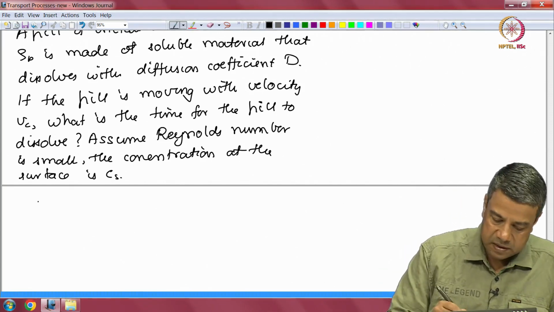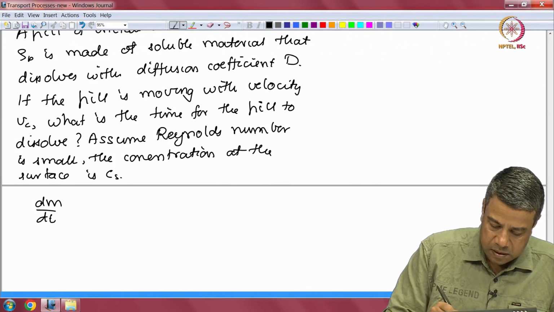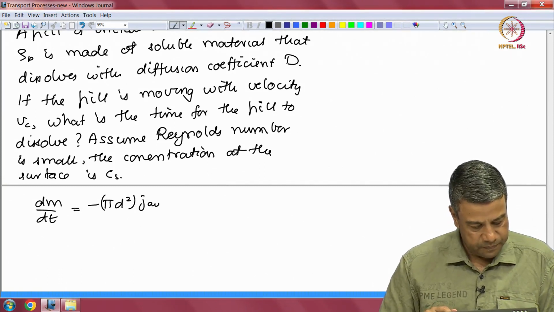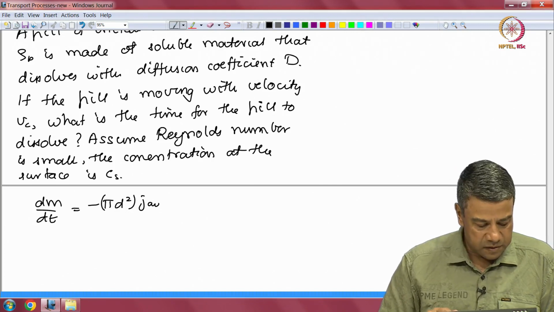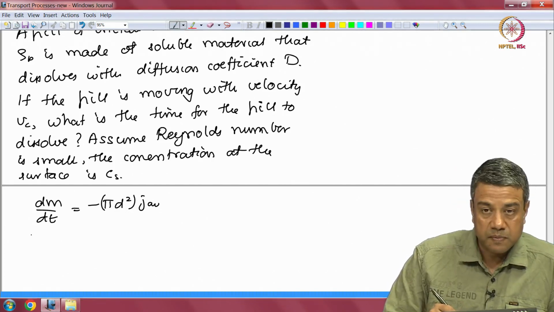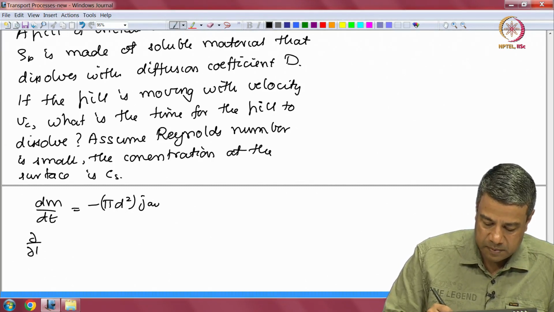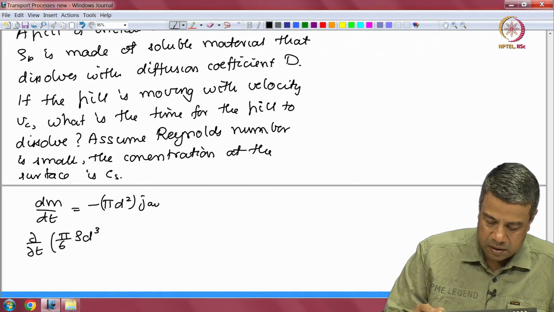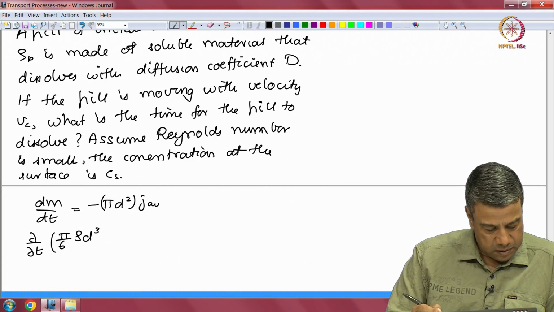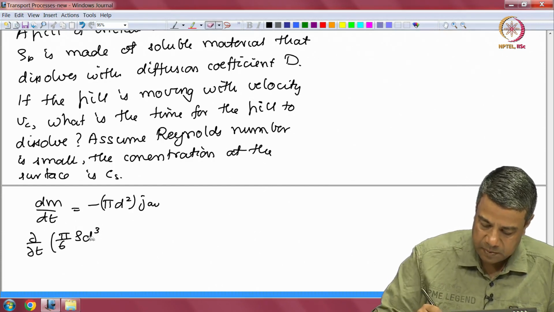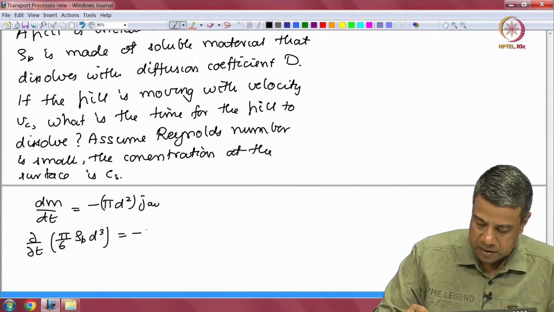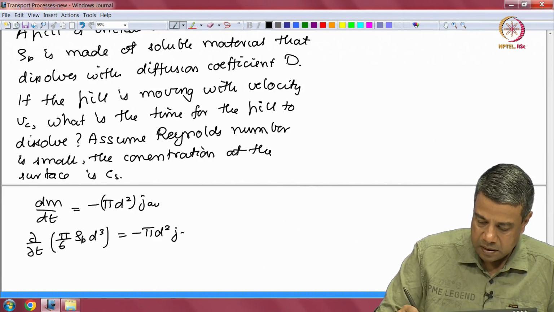Rate of change of mass is equal to minus pi d square, the surface area, into the average flux. Rate of change of mass is, I will use partial once again to not confuse with the diameter, of pi by 6 rho d cubed. It should be rho p because that is what I have used for the pill. It is equal to minus pi d square J average.